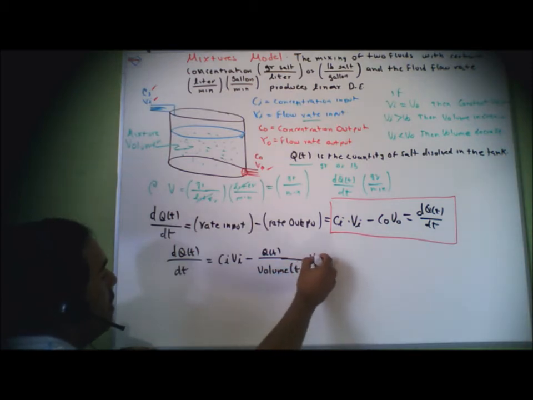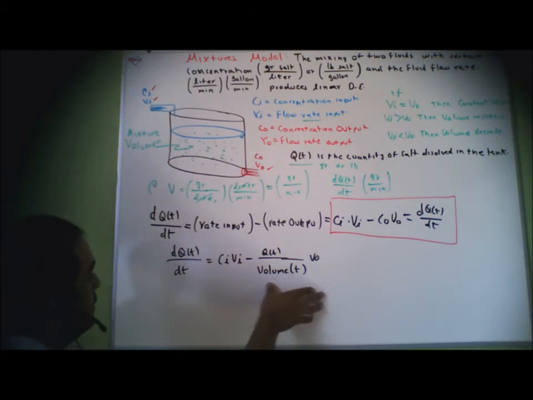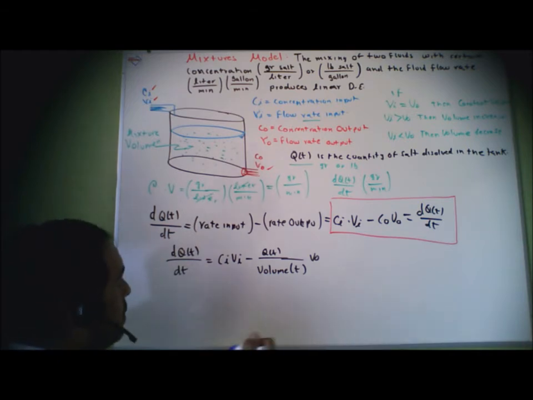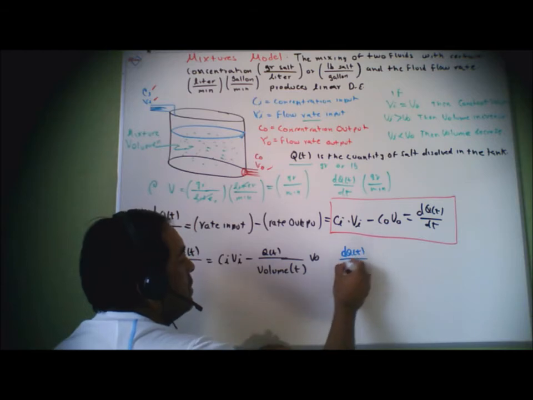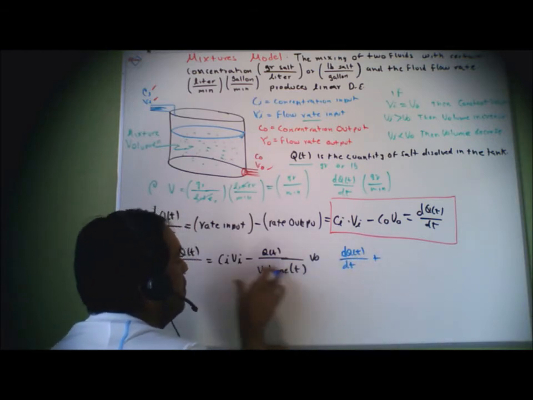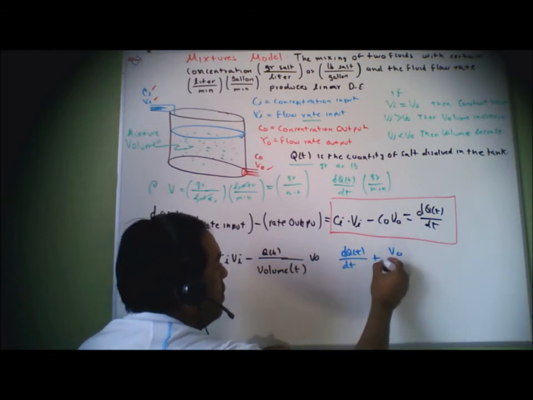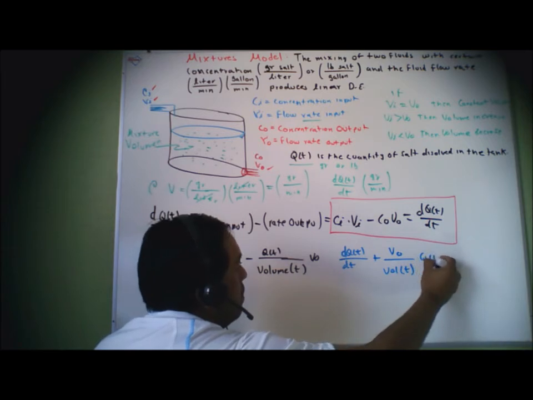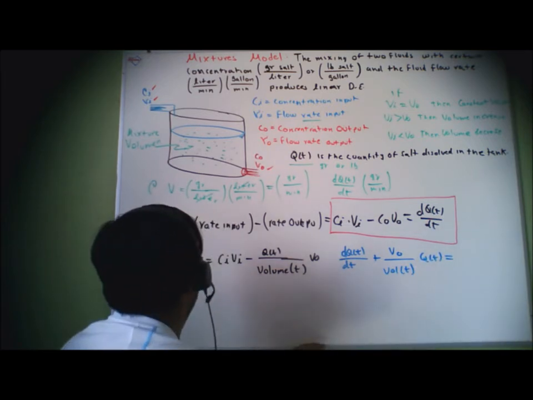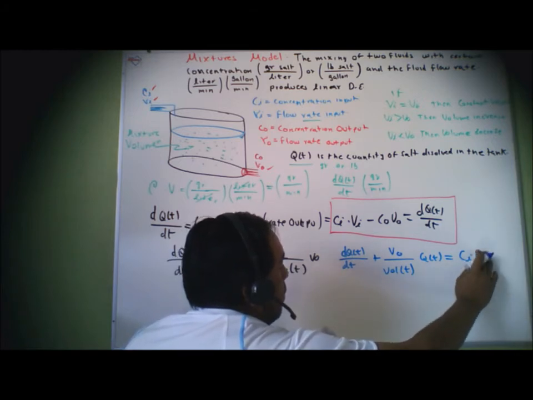If you pass this to the other side, you are going to get this differential equation: the derivative of Q(t) with respect to time plus the flow rate output divided by the volume as a function of time, times Q(t), is equal to the concentration input times flow rate input.